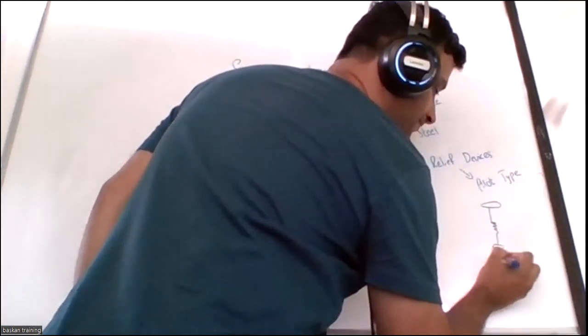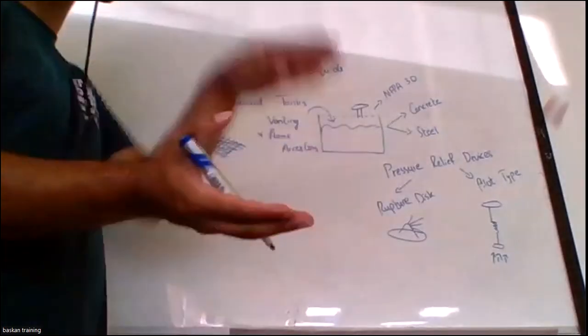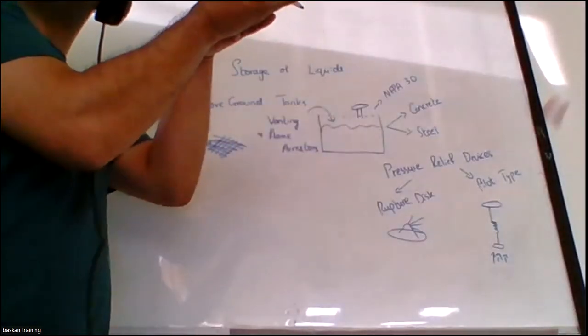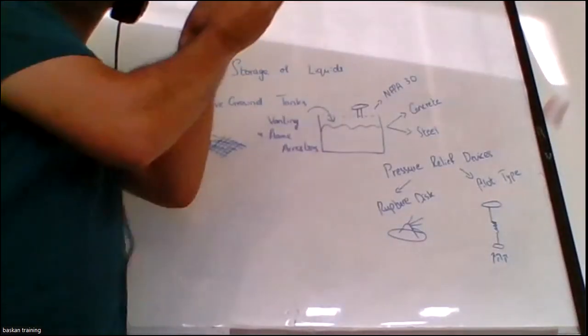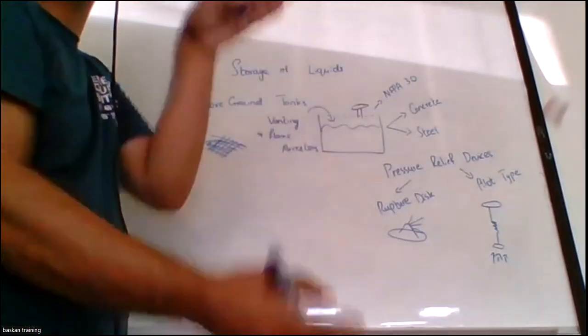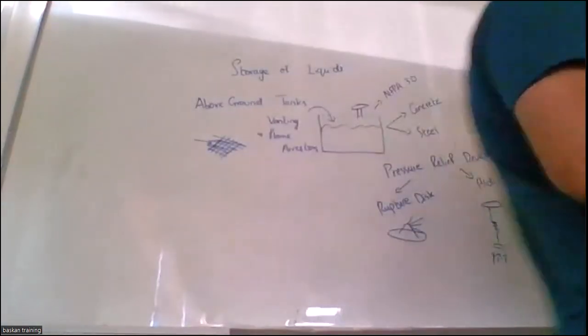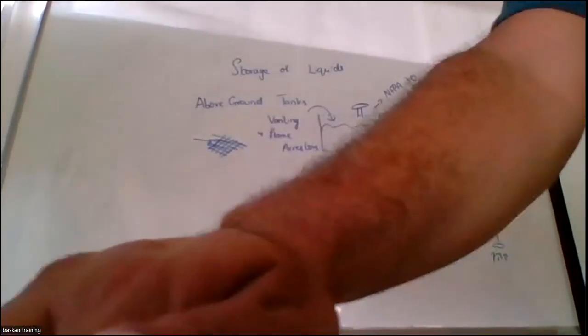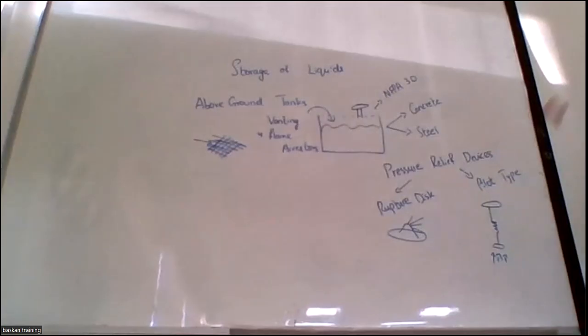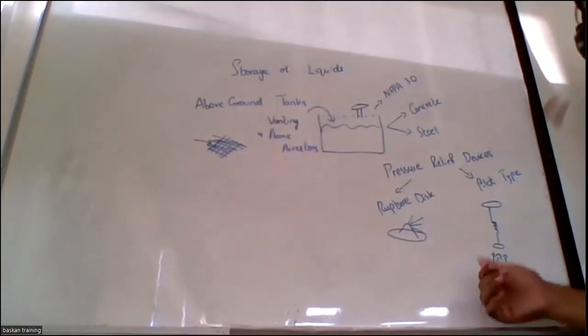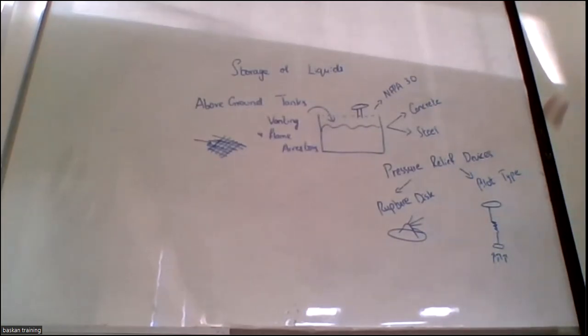Pressure increases, spring contracts, valve opens, pressure releases, pressure decreases, spring expands, closes the valve. So that is the pilot operated type. So two types of pressure relief devices are there.